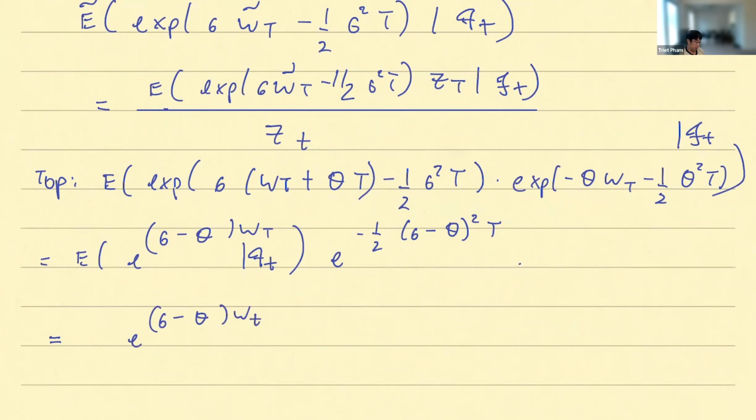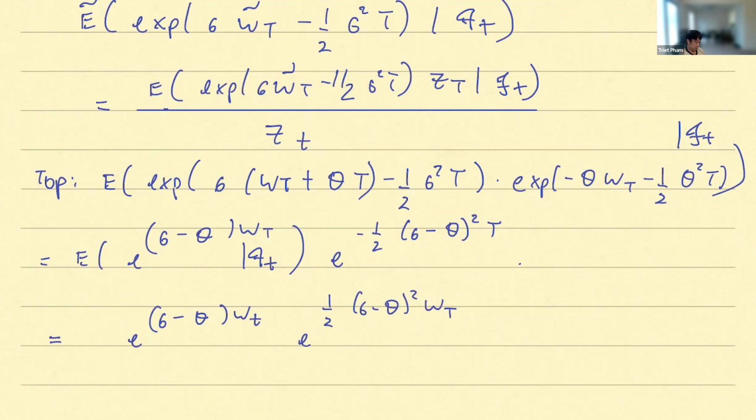And then you have the minus 1/2 sigma squared, which would be a martingale. So that would be E to the 1/2 sigma minus theta squared, like this.